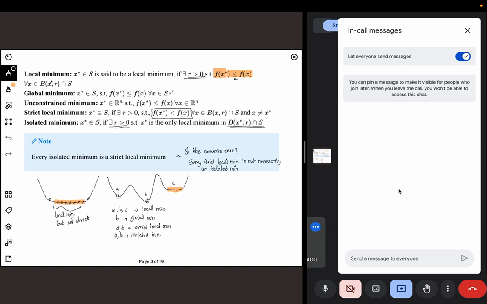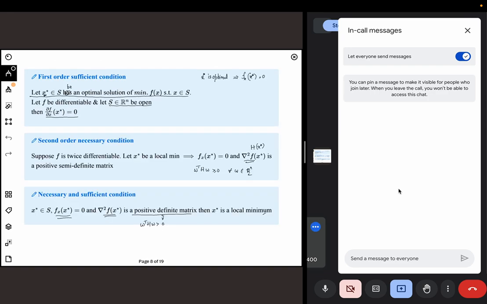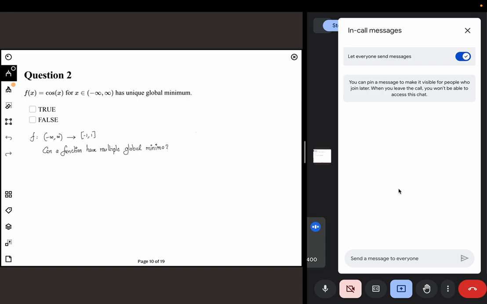If you see the definition here, the definition says that f of x star should be less than or equal to f of x for all x belonging to S, right? So it can be equal to, there can be flat regions in the entire domain where all of the points can be considered global minimum. If you have some function like this, let's say g is a function of x, then all these points are both local as well as global minima. You can also have something like this.